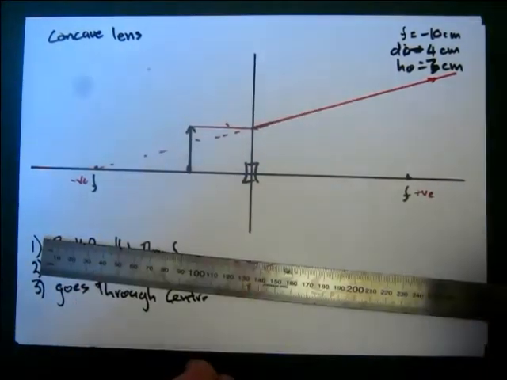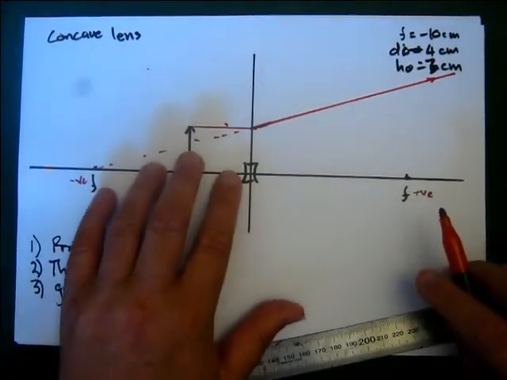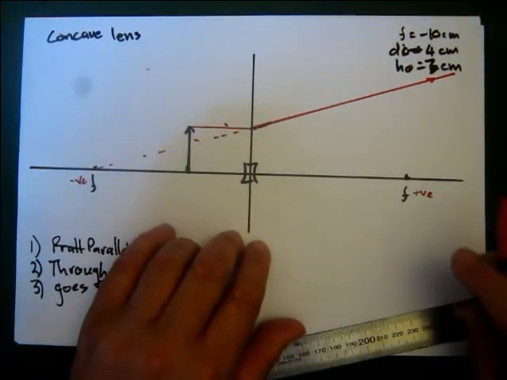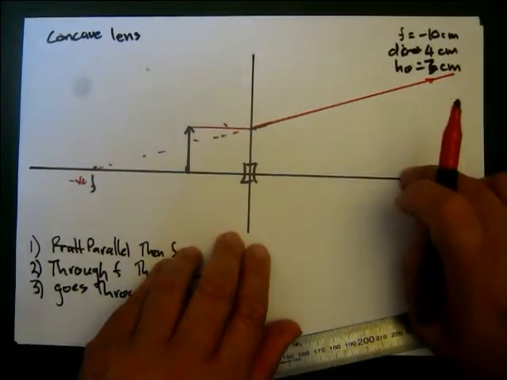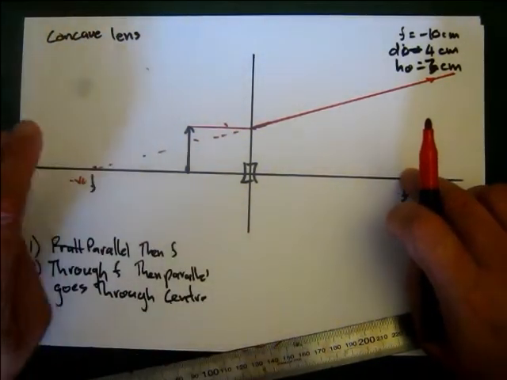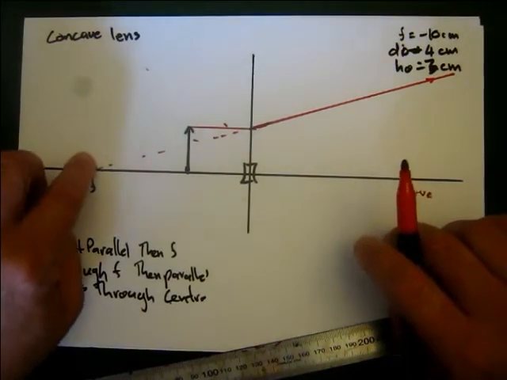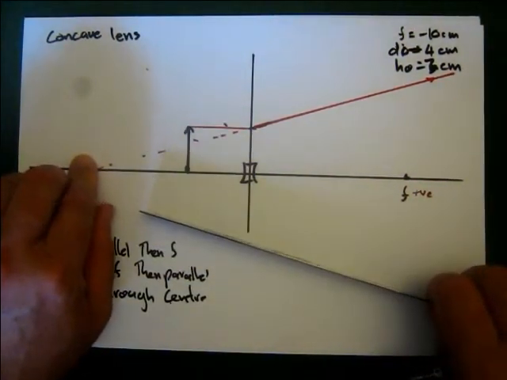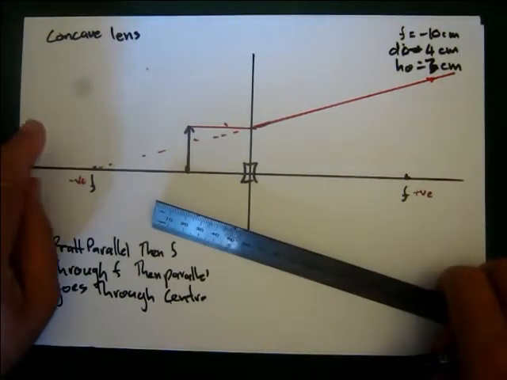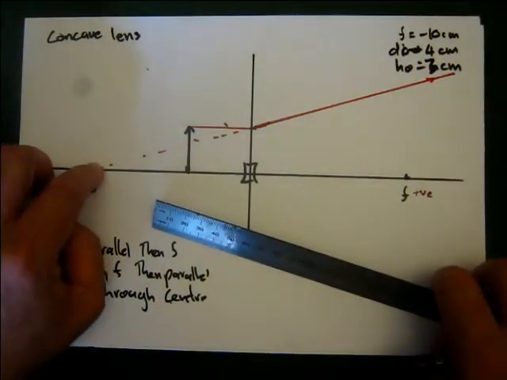Okay, line 2. So we're going to use the normal focal points. If we're doing a convex lens, for line 1 we'd use that focal point. But because it's a concave lens, we use that focal point. And the same here, drawing line number 2, normally for a convex lens we'd use that focal point.